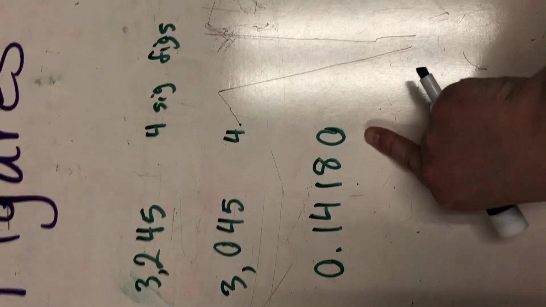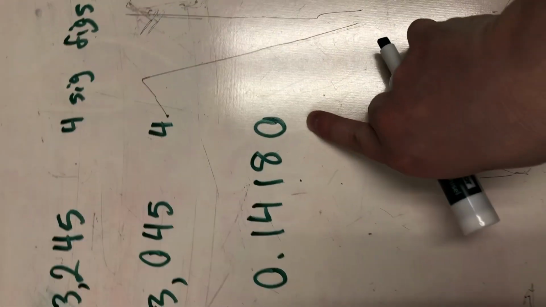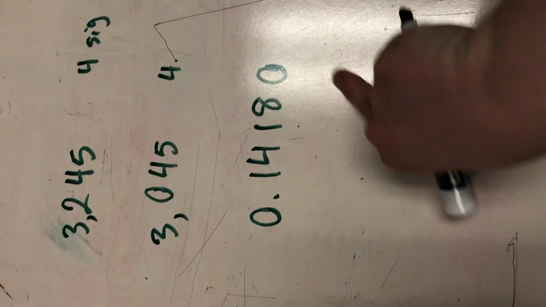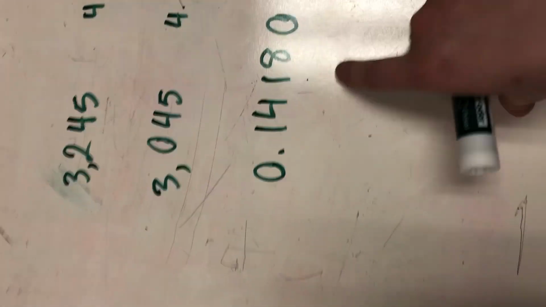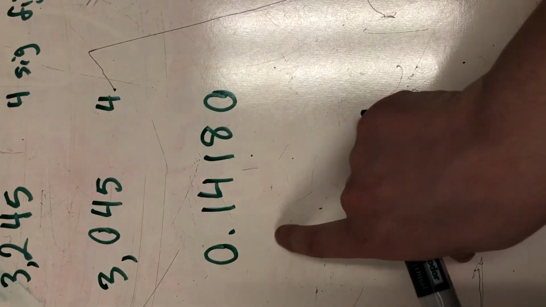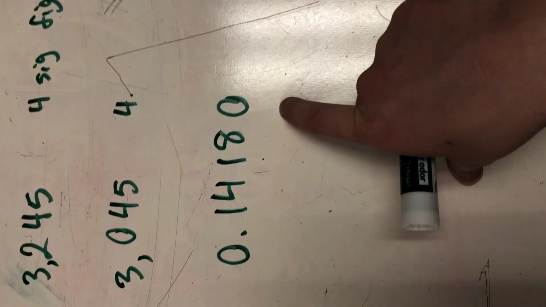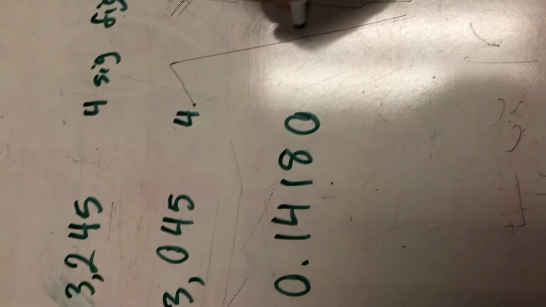Why is it included? It must be included because it's significant. It's not a placeholder, and it's at the end, to the right of the decimal, so it's significant. That's 5 significant figures.